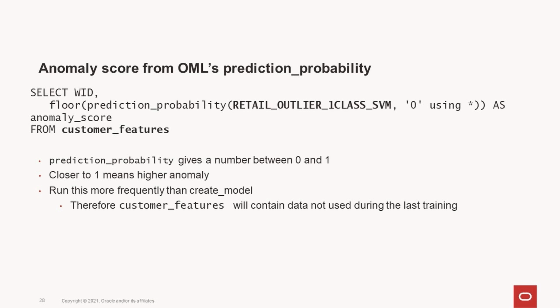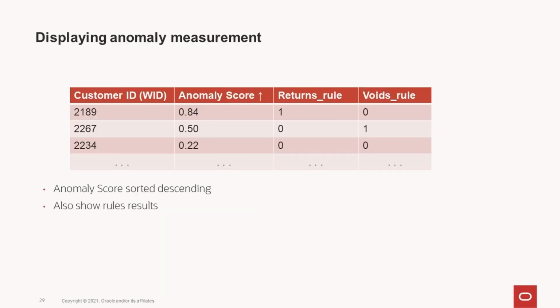In this UI, we don't just have the anomaly score. We also show the weights given by prediction details, so that the user can say, this has a high anomaly. Why?